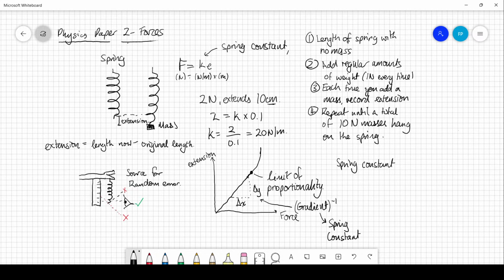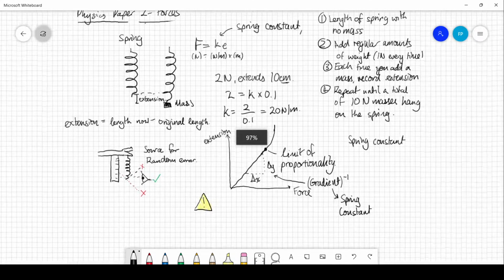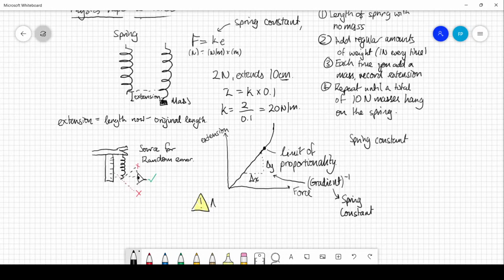Now be aware, in questions, they can give you graphs with the axes with other labels as well. They might put the force here on the y-axis, and then the extension on the x-axis. So what I'm saying is these axes may not be the same.